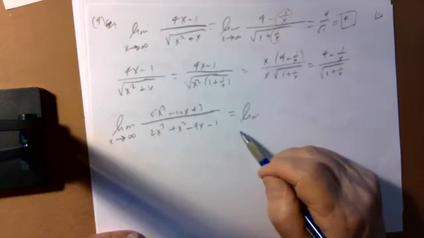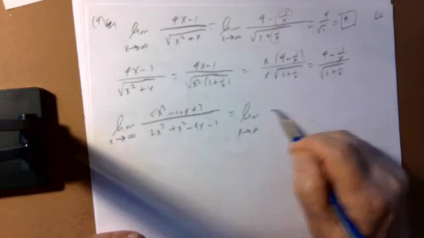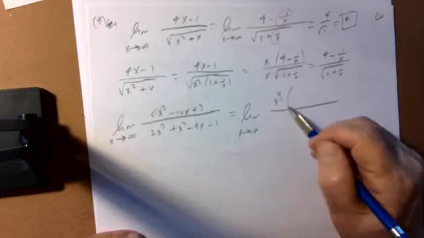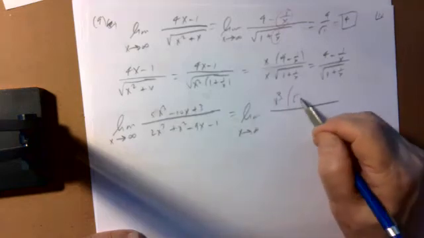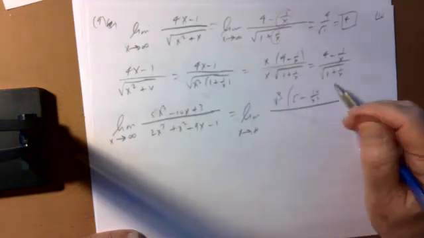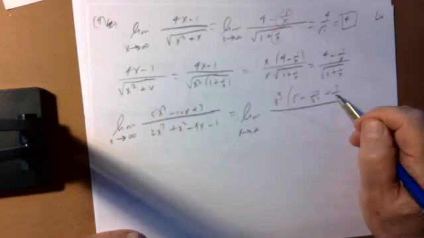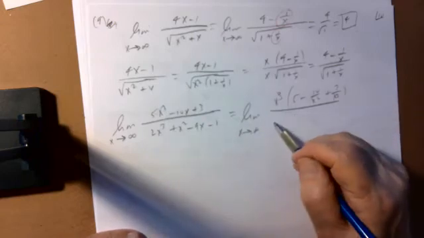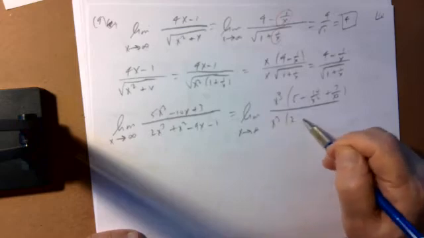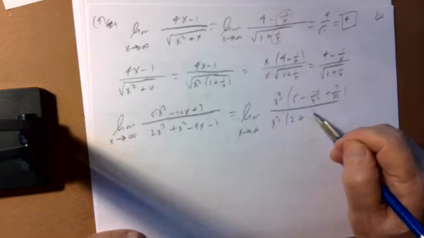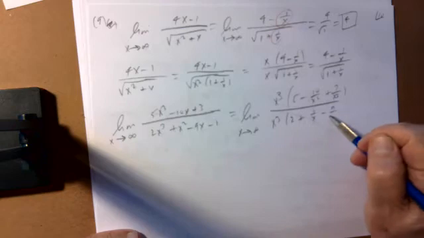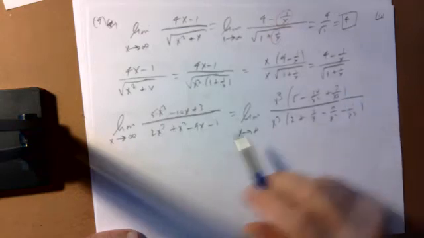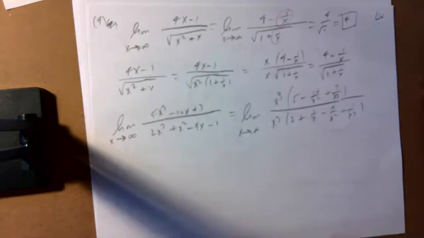One way to see that is to factor x cubed out of the numerator and denominator. So I get x cubed times 5 minus 10 over x squared plus 3 over x cubed. And when I factor x cubed out of the denominator, I get 2 plus 1 over x minus 9 over x squared minus 1 over x cubed. And the x cubes cancel.